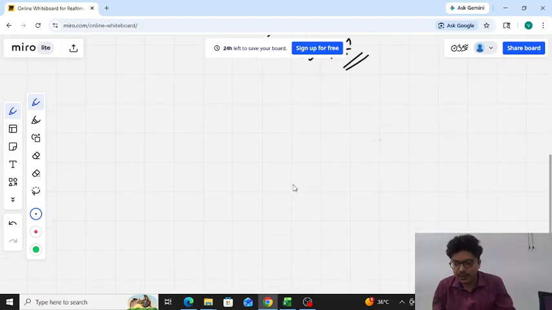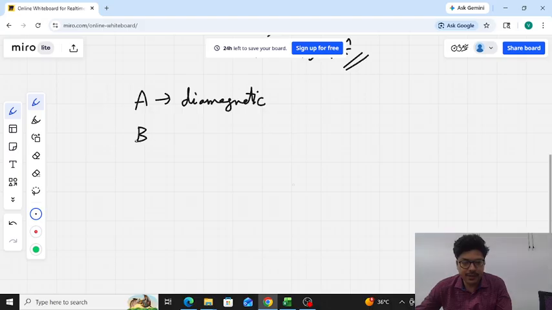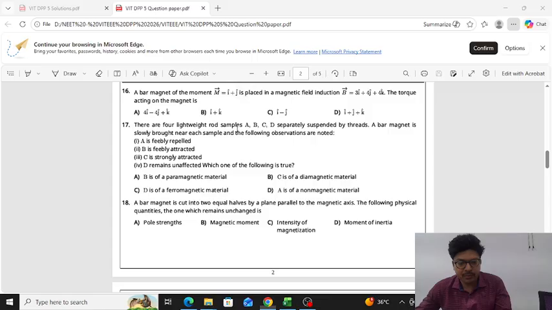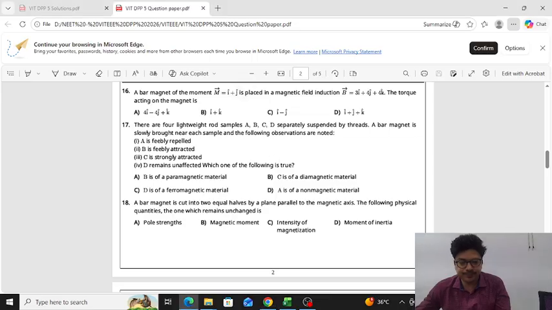So A is diamagnetic. Then it is given that B is feebly attracted, which means B should be paramagnetic. Next, C is strongly attracted, so C is ferromagnetic.